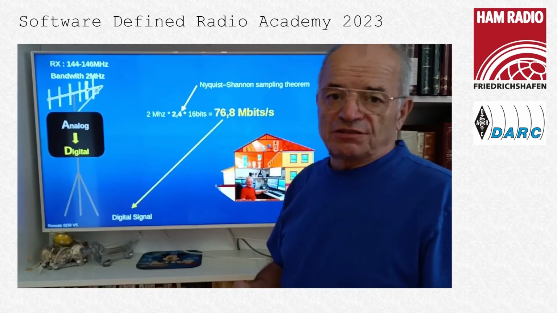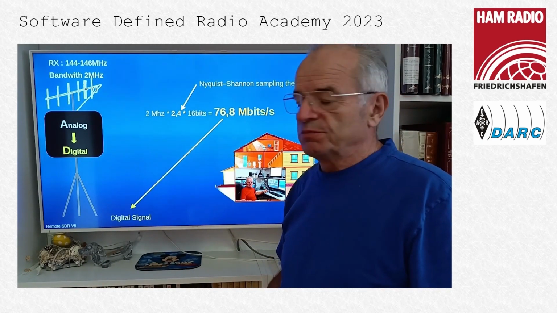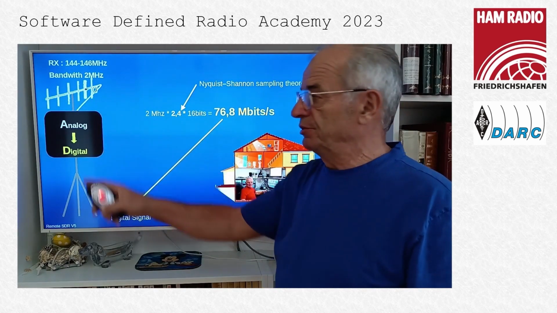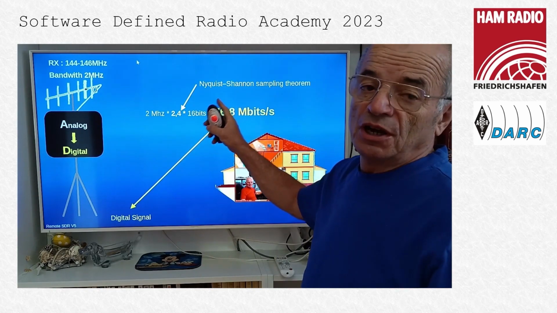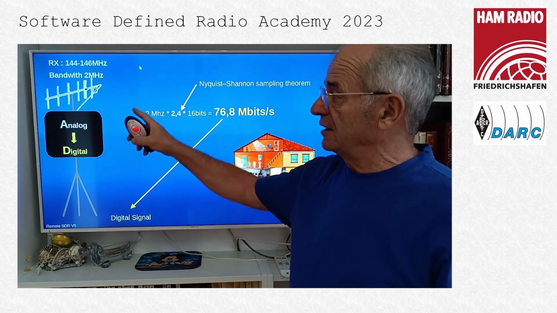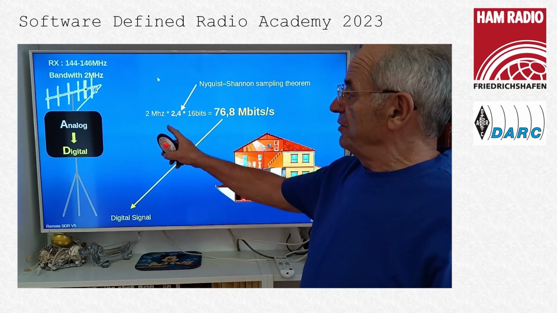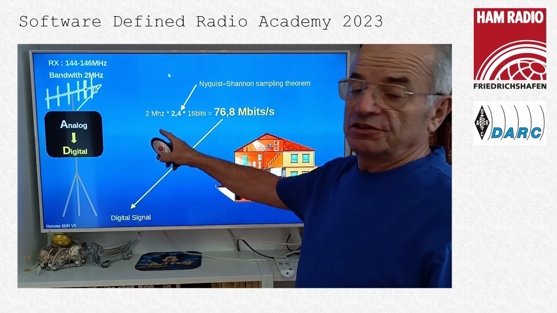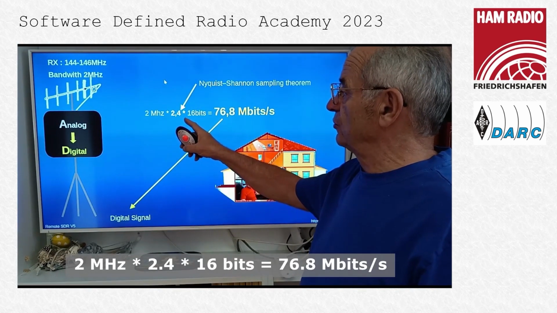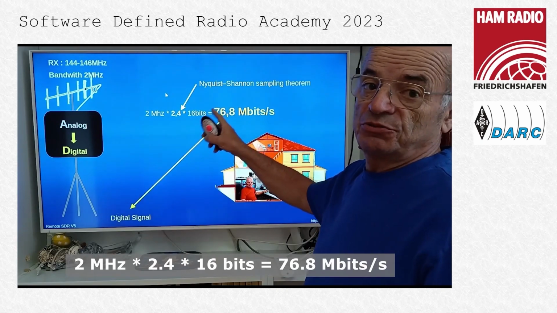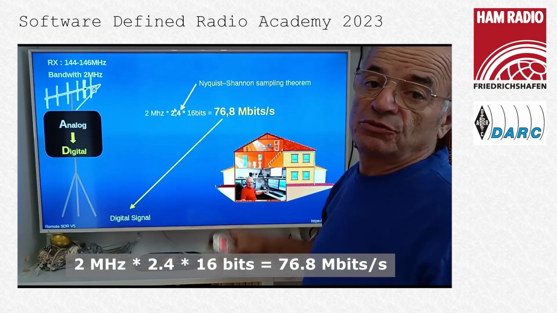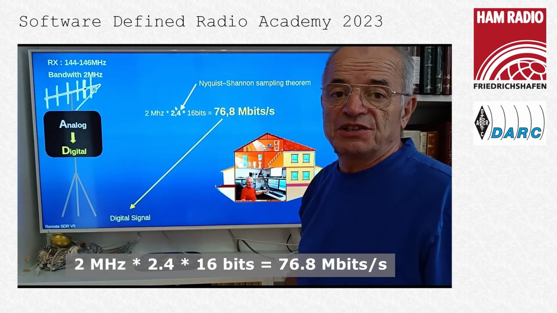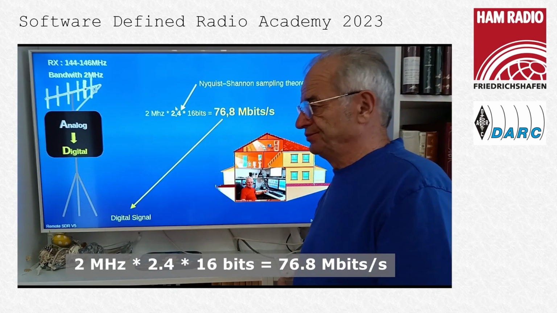If we take a simple example like the 2 meters band with a bandwidth of 2 megahertz, and we apply the Shannon rule to sample the data on the array, we have 2 megahertz multiplied by 2.4, which is the coefficient we need to respect the Shannon rule, times 16 bits. We arrive at a data rate of 76 megabits per second.